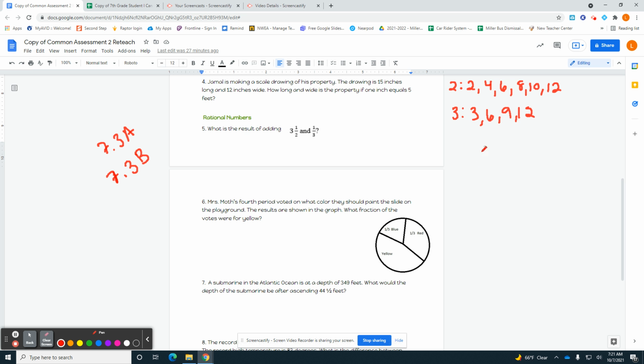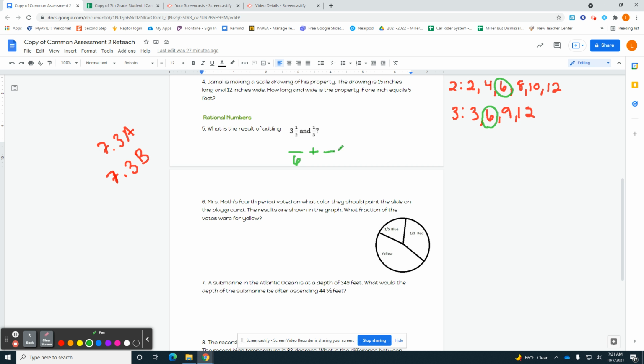Okay, I'm going to stop there. So what is the first number that they share or have in common? If you said 12, they do have that number in common, but the first one or the smallest one they have in common is 6. So that's going to be our common denominator. We're going to have a common denominator of 6.